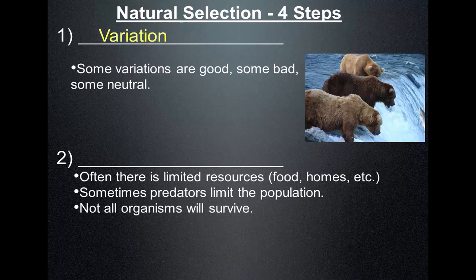And they vary in their size, or maybe the shape of their ears, or color of their eyes, or all sorts of different things. So natural selection starts with variation, that there are differences. Each individual in a population is unique and different from each other.